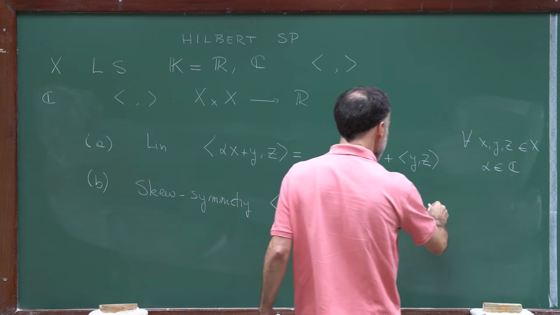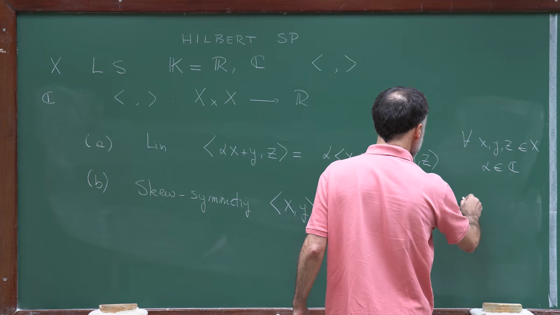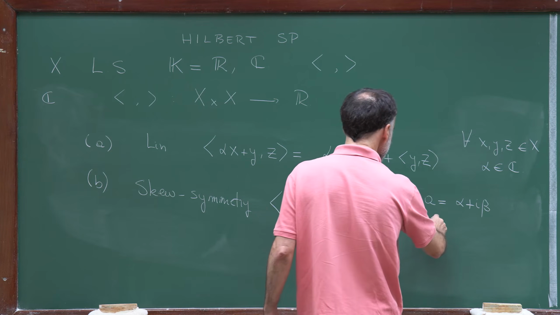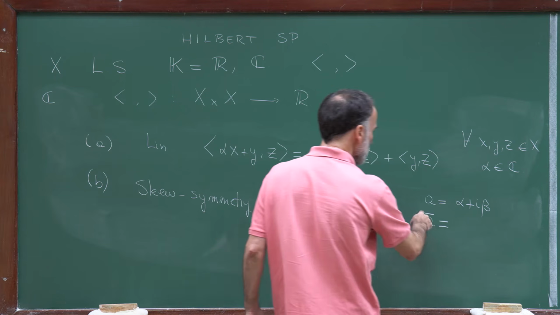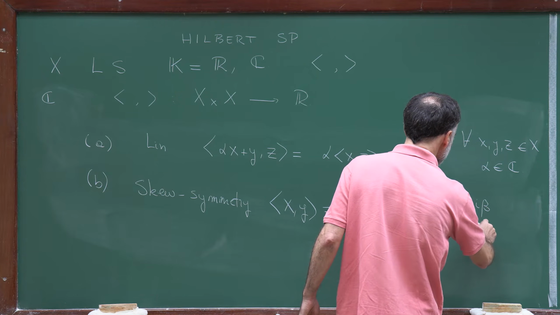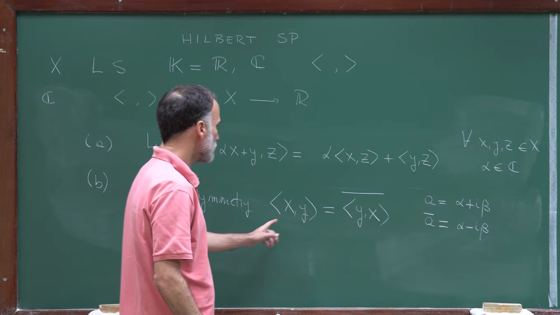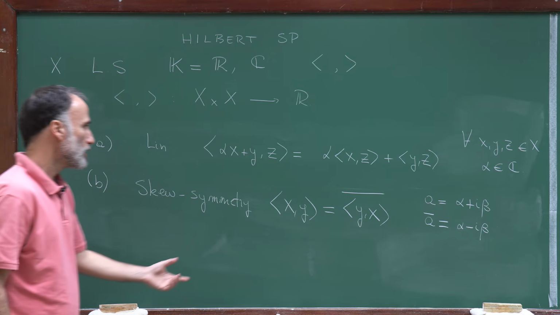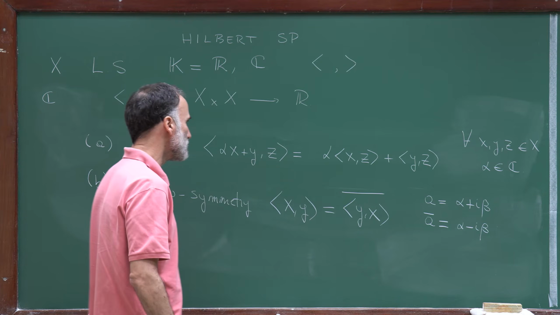So here, if a is a complex number, so let's say that a is equal to α + iβ, the complex conjugate of a, which will be represented by ā, will be α − iβ, and therefore we have, in the case in which the field is complex, that the scalar product is not symmetric, but it is skew symmetric.